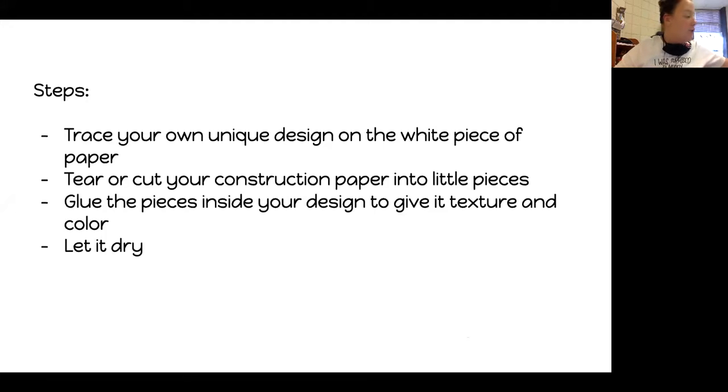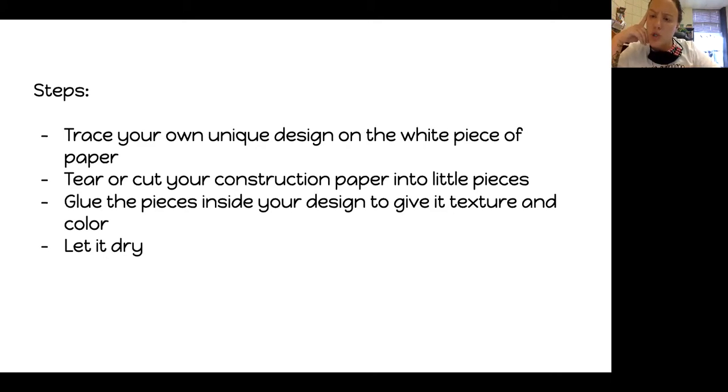So if I have a white piece of paper and I want to do, let's say, a heart, I want to draw it really, really big. Or if you want to do a different shape, or maybe you want to draw a pumpkin or a leaf. One of your classmates this morning drew the Batman logo. So just make sure you're filling your whole piece of paper, okay?